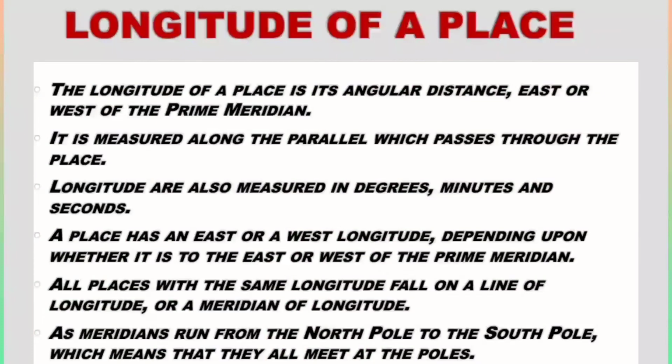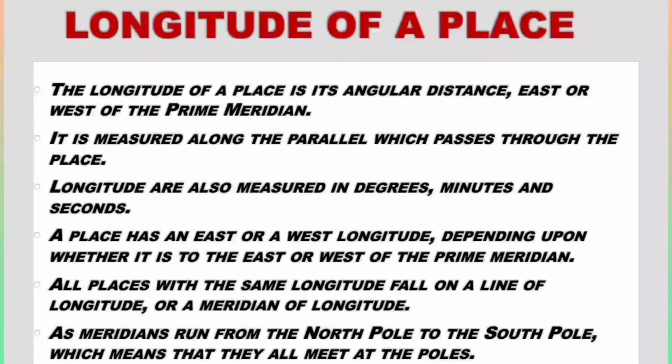Longitude of a place. The longitude of a place is its angular distance east or west of the prime meridian. It is measured along the parallel which passes through the place. Longitude is also measured in degrees, minutes and seconds.